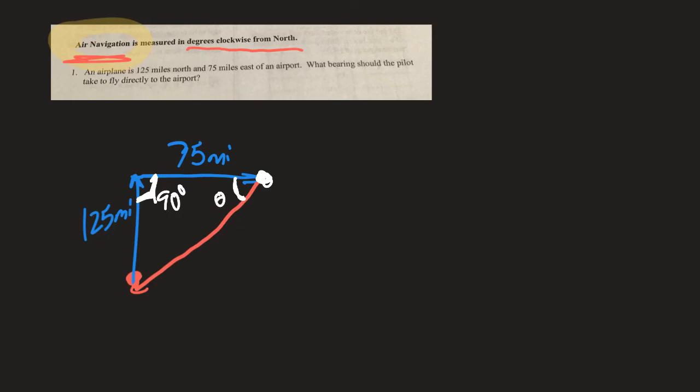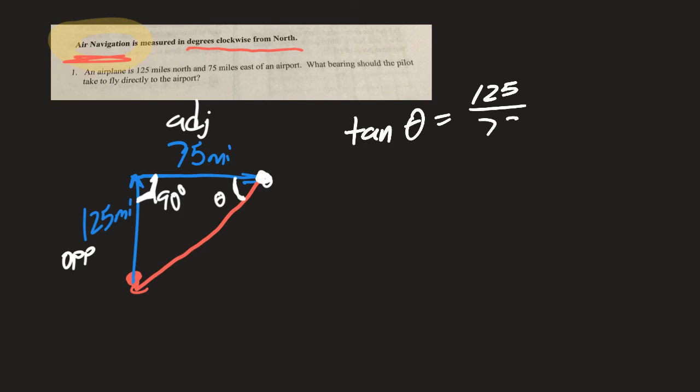What can we say about the sides that we know? Well, this 125 is across from my angle, so I'm going to call that my opposite side, and 75 is my adjacent. Which ratio used the opposite and the adjacent? Hopefully you guys came up with tangent theta. Remember, opposite over adjacent, so 125 over 75.